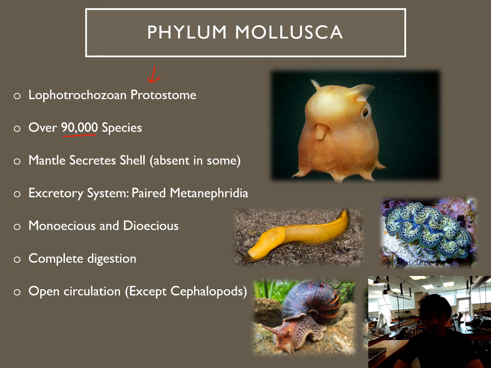The difference between the phylum Mollusca and the phylum Annelida is that we have some sort of shell being secreted by these organisms. This shell is used for either protection or structure, and most of the time it's made out of calcium carbonate, the same structure that you saw making the spicules in the class Calcarea in the phylum Porifera.